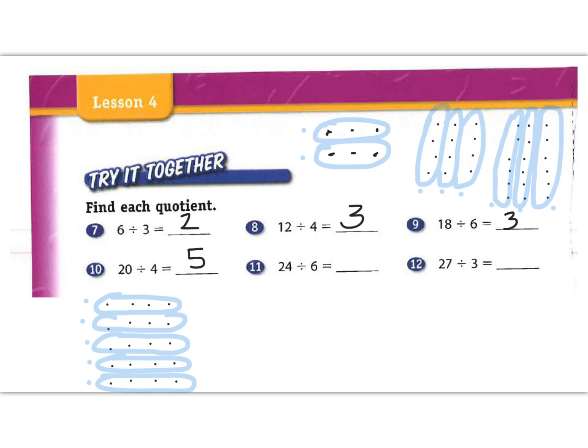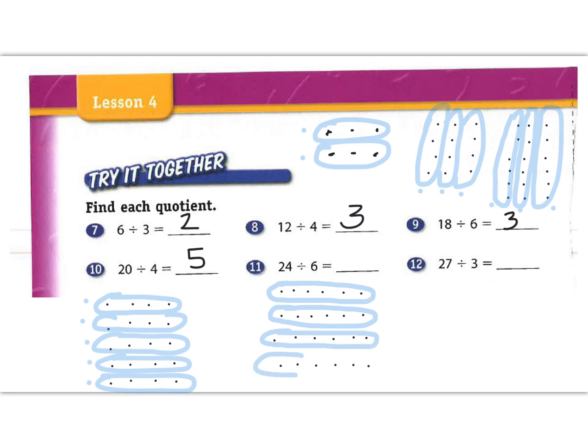The next one, 24 divided by 6. We want 6 in each group. So we're going to circle 6 dots for each group. And then we will be able to count the groups. So we have 1, 2, 3, 4 groups. 24 divided by 6 is 4.